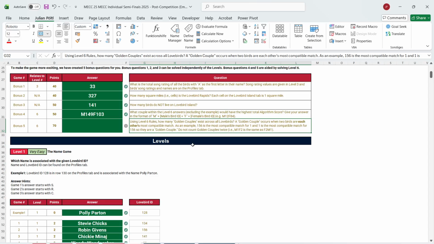Okay. Using level 6 rules, how many golden couples exist across all Lovebirds? A golden couple occurs when two birds are each other's most compatible match. As an example, one.